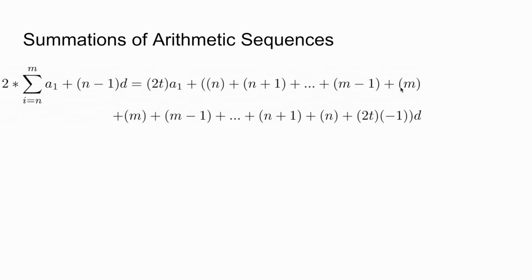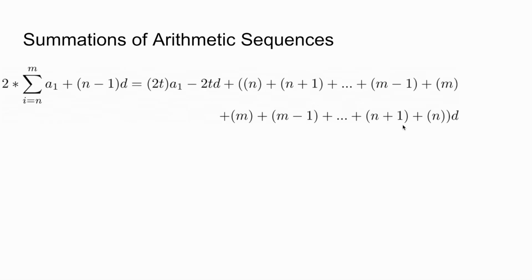And we can distribute the d onto negative 2t, and again say this is equal to 2t a1 minus 2t times d, and then this whole thing times d.